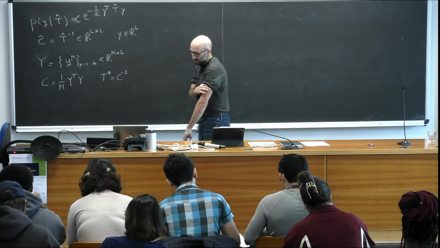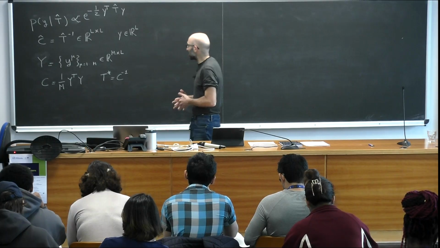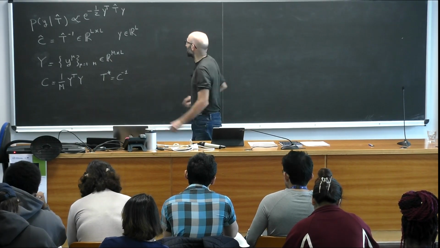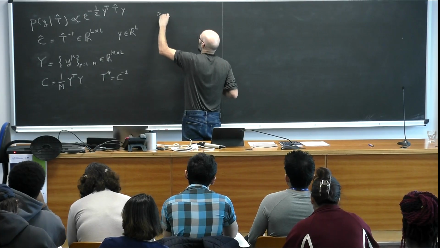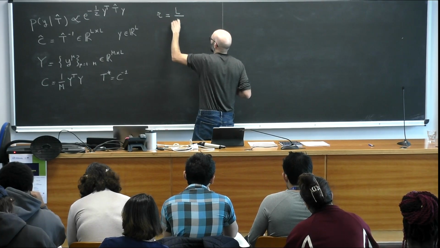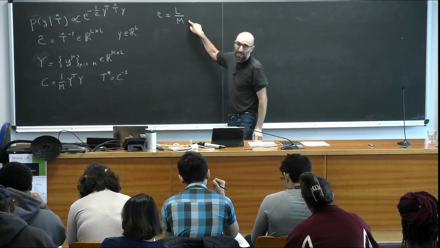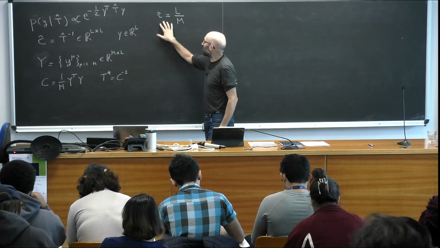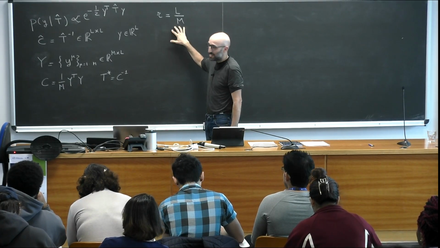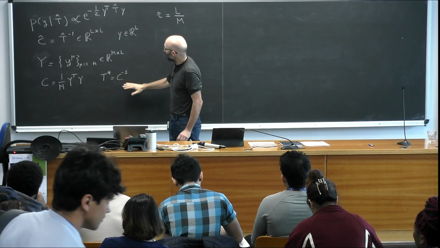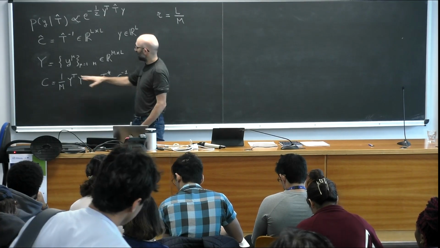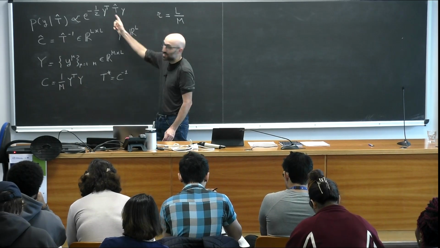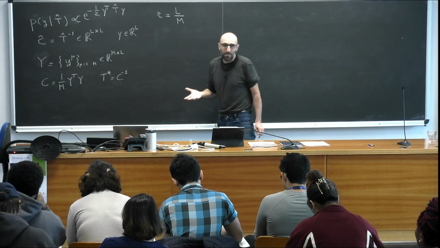Now, what we have seen also yesterday is that the important parameter here is the ratio of the size of the problem, L, divided by the number of data, which we call R. When R is of order 1, the difference between C and C hat, or between T star and T hat, can be very large.